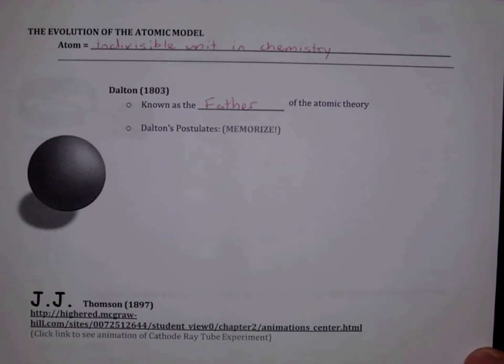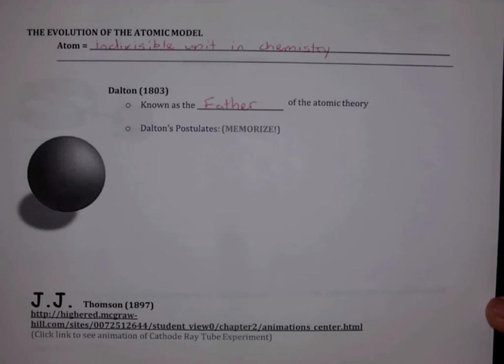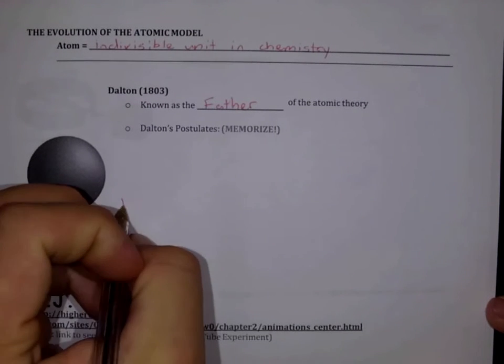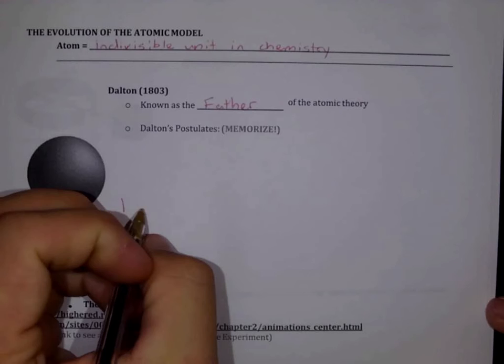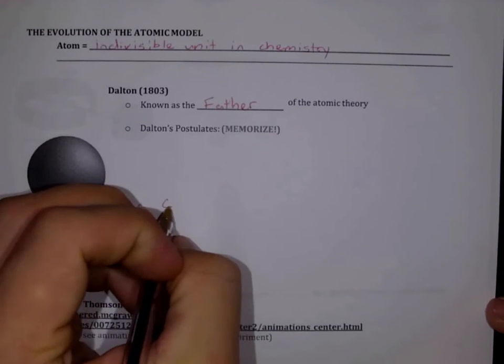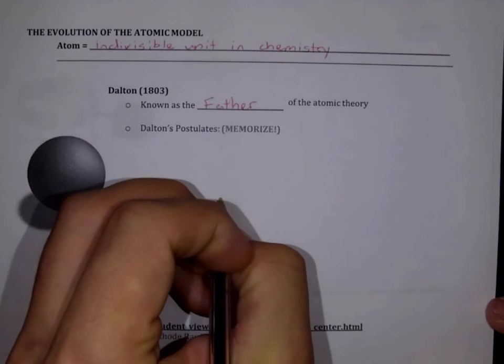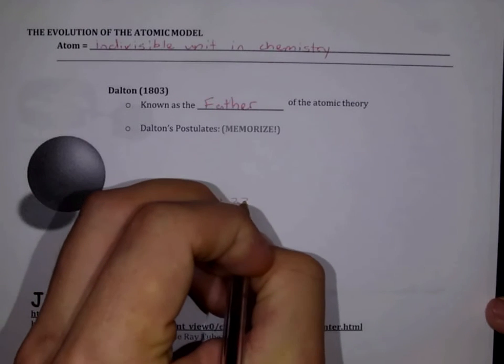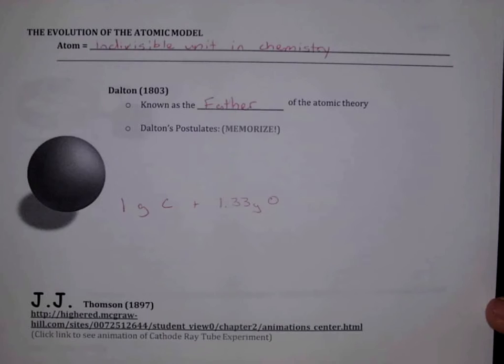Okay, and so what he did was he ran a few experiments himself and looked at what everybody else was publishing, and what he noticed was that, you know, sometimes maybe it was 1 gram of carbon and 1.33 grams of oxygen.